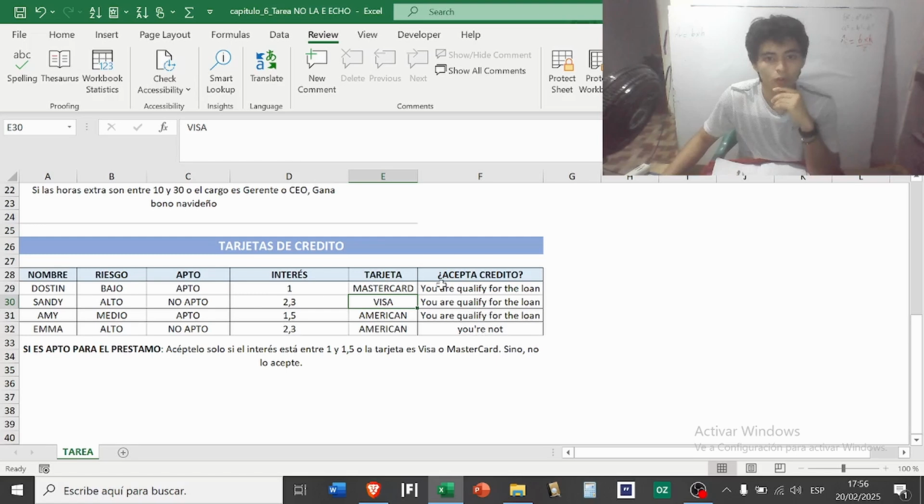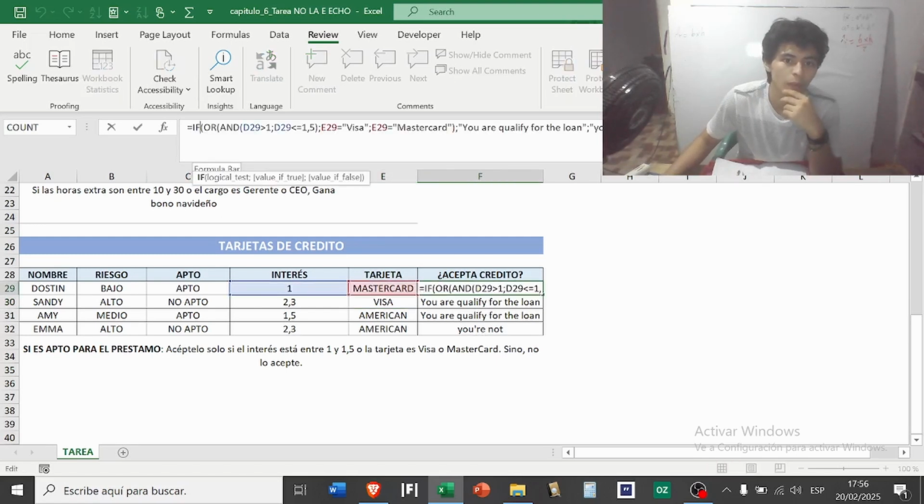So how does it work? We start with the IF question and then with the OR and AND. It's a mixed question with the three functions: IF, OR, and AND. You are able to pick one of these two options in OR.